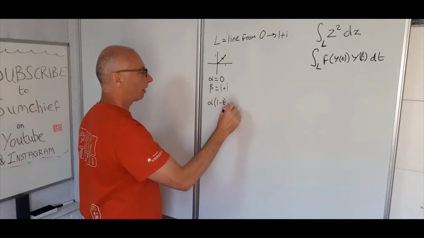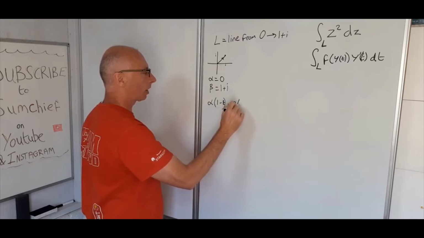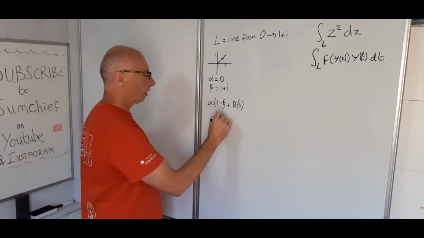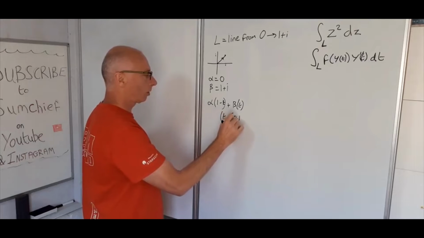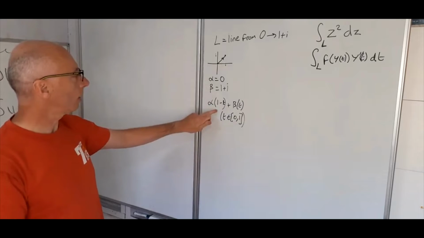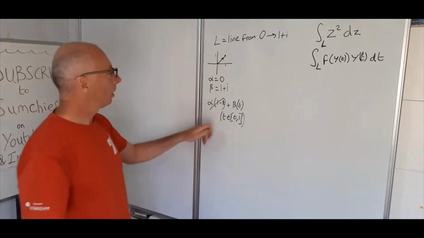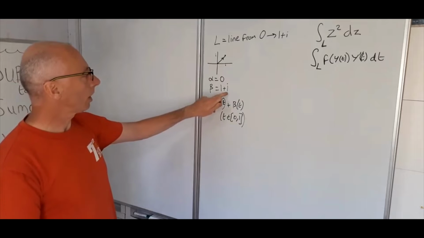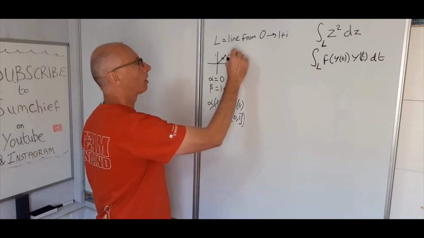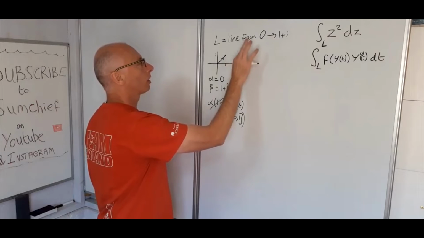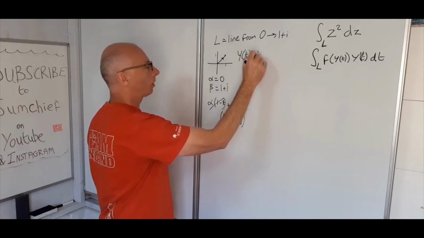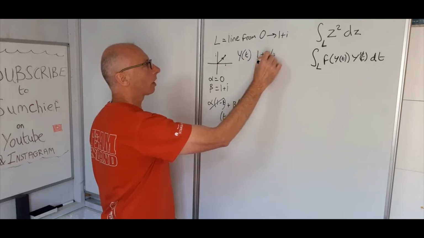And then we add beta times t, where t is 0 to 1 in this case. So plugging in 0, this term cancels out, and beta is 1 plus i. So we just end up with 1 plus i t. So now we can say that our parametrization with respect to t is 1 plus i times t.